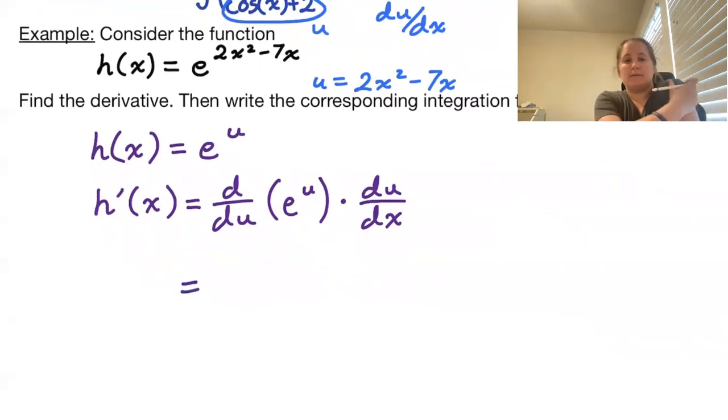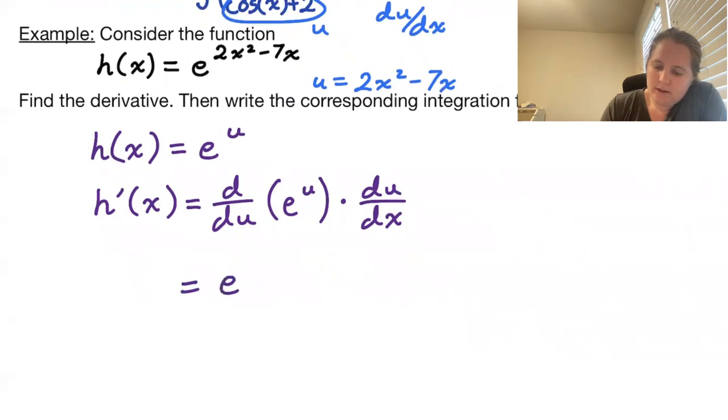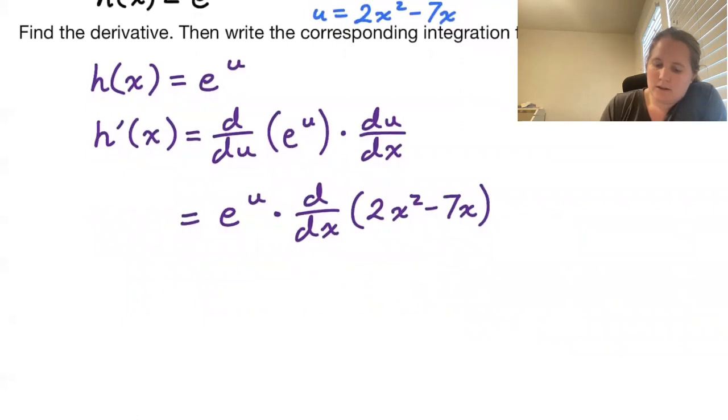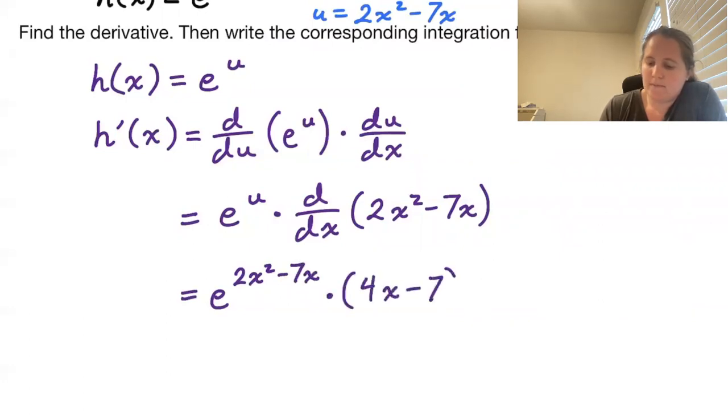And this winds up being e to the u times the derivative with respect to x of 2x squared minus 7x, or e to the 2x squared minus 7x times 4x minus 7.